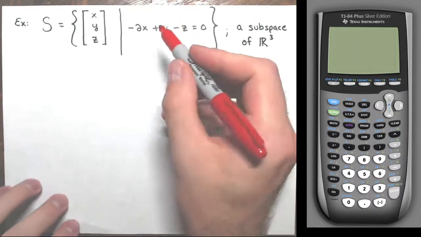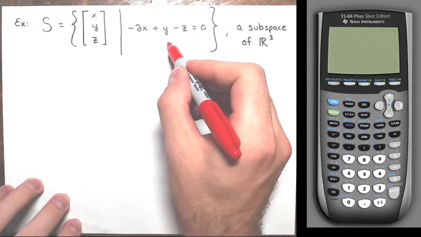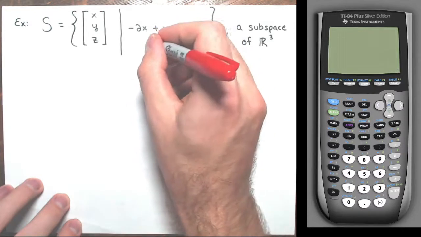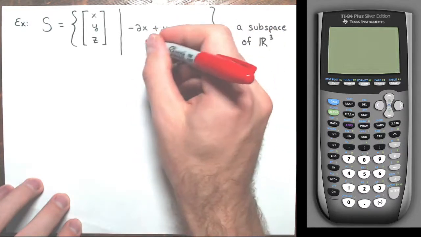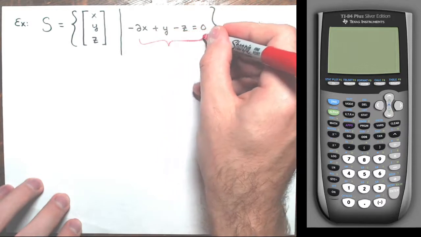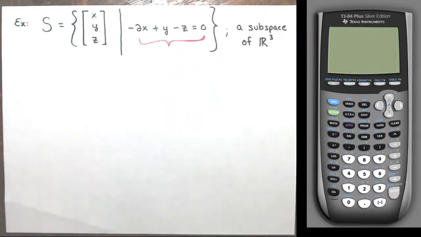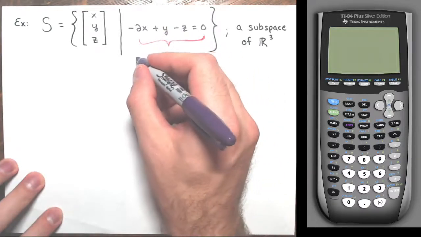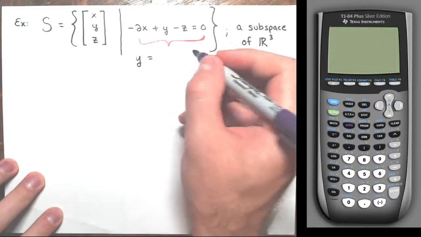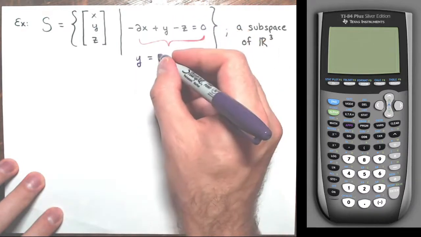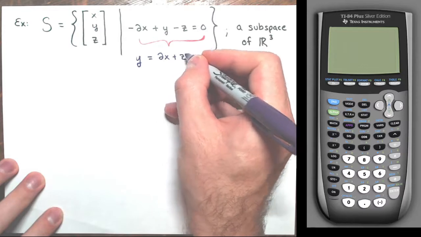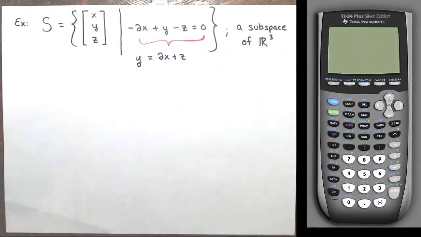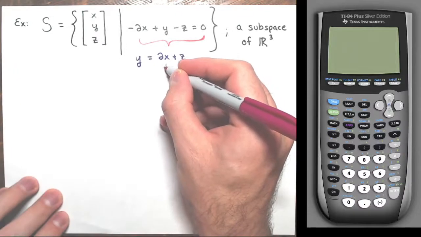So as I did before, looking at this equation, this equation is equivalent to the following. I can solve this for one of the variables. Saying that -2x plus y minus z equals 0 is the same thing as saying, and it'd be easy to solve for y here because it's already got +1 as a coefficient, y equals, adding 2x and adding z, 2x plus z. So you see here I have 2 free variables this time.